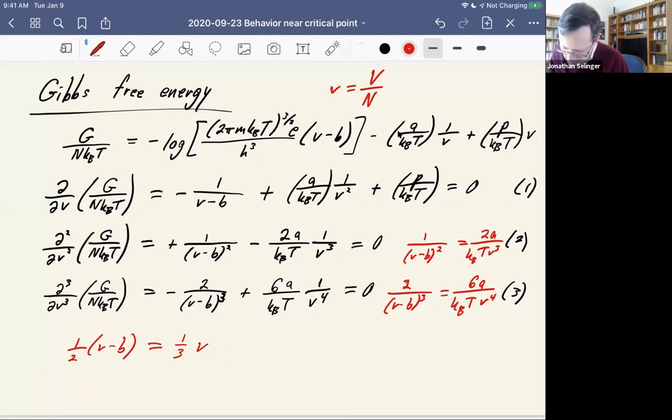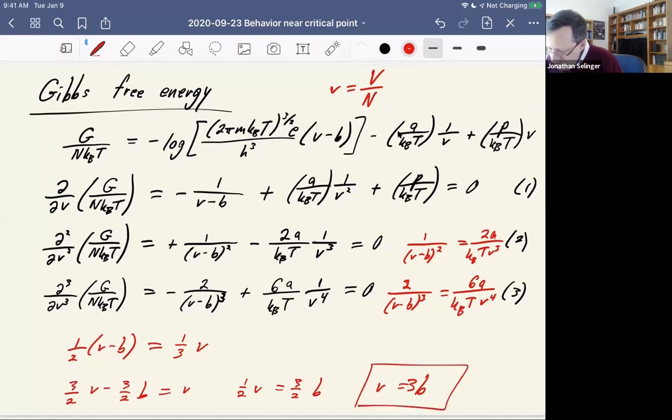Yeah, okay. Right. So 3 halves v minus 3 halves b is equal to v, right? 1 half v is 3 halves b. V equals 3b. All right, so that's one of our answers.